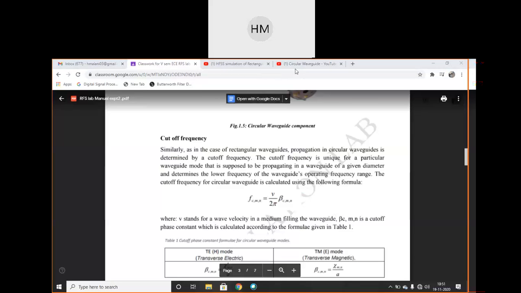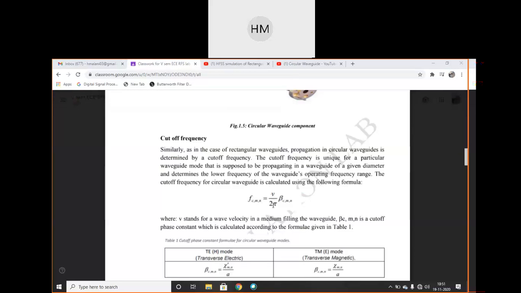So, the cutoff frequency is given by Fc m comma n = nu upon 2 pi beta c. What is nu? Stands for the wave velocity in a medium filling the waveguide. It's a frequency only. Wave velocity in a medium filling the waveguide.